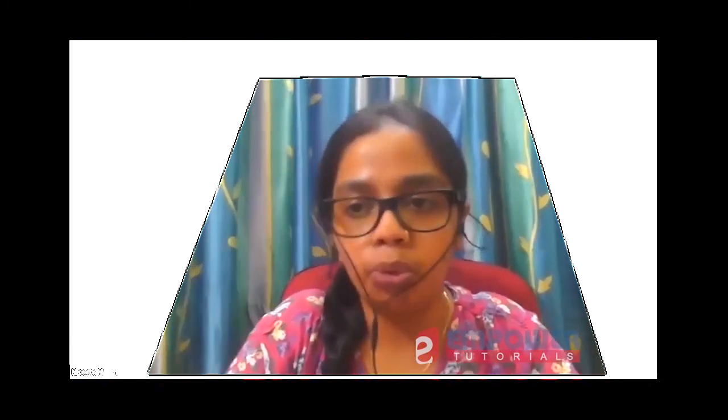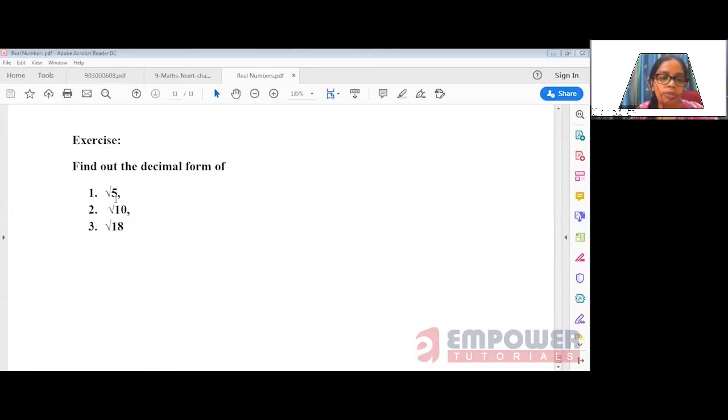You have to use the same rules for addition and subtraction of irrational numbers, or of rational and irrational numbers. So you have to do this homework. Find the decimal form of root 10, root 18, root 14 and root 69, I guess, right? Root 69, okay?